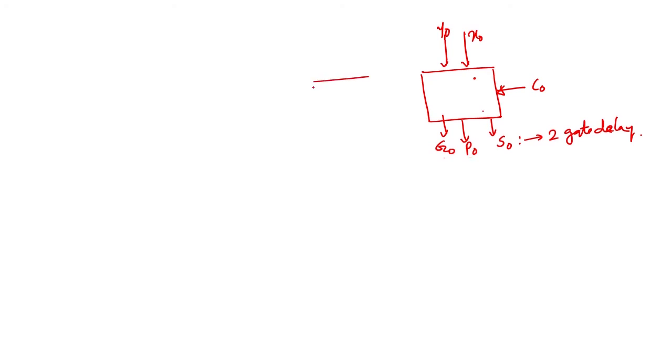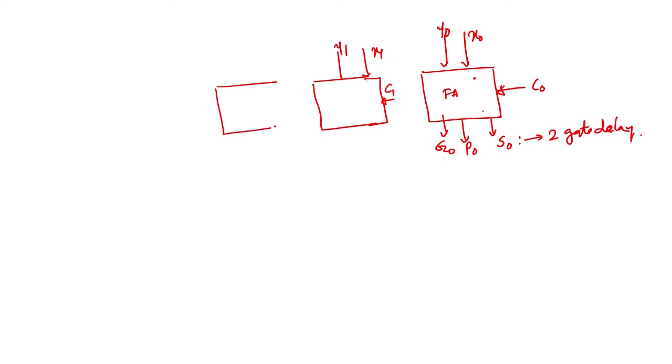Now, what will happen? This is another circuit, another full adder, that is that basic cell. This is X1, Y1. Okay. This should also have input C1.